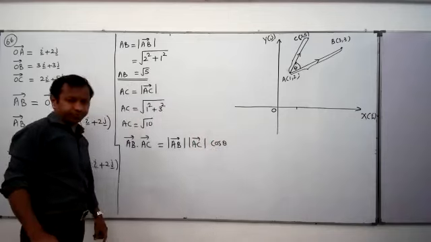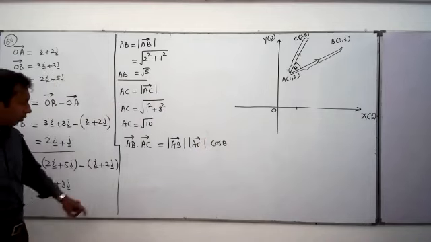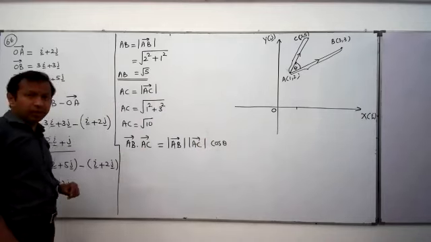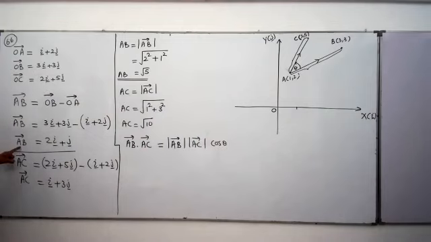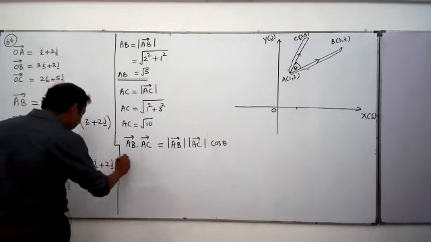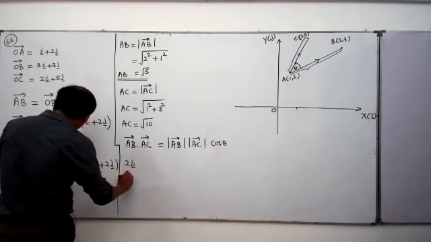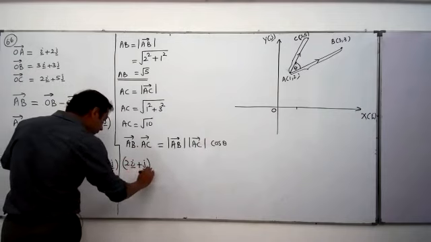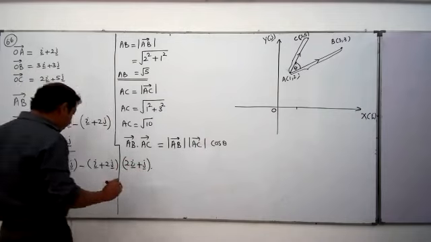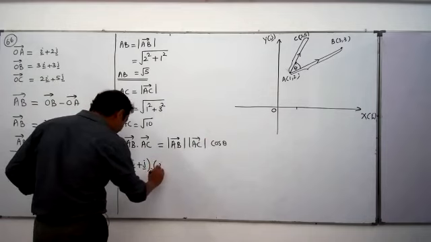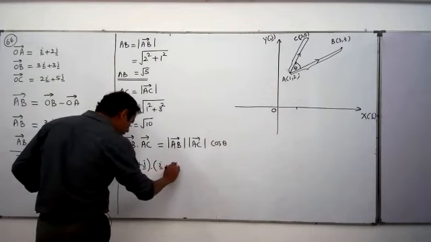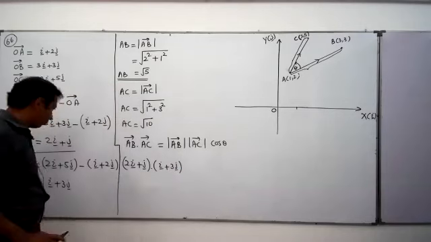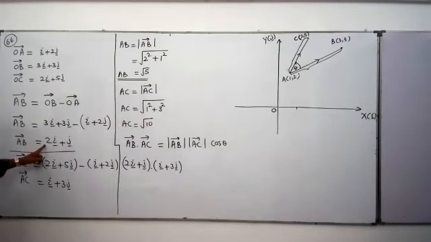Right. Now what I do is, for the AB vector and AC vector, I substitute in this ij form. For the AB vector, I substitute 2i plus j, dot AC vector, it is i plus 3j. Correct, no? AB vector is 2i plus j. AC vector i plus 3j.